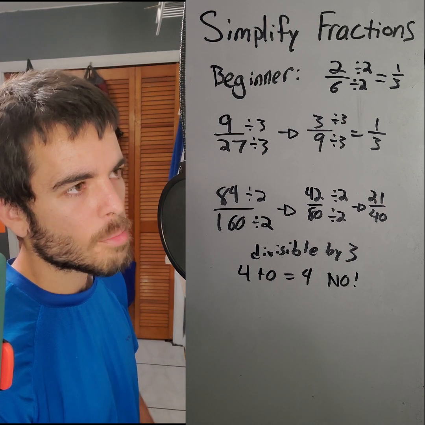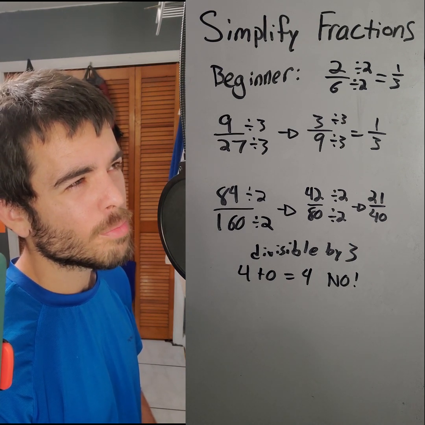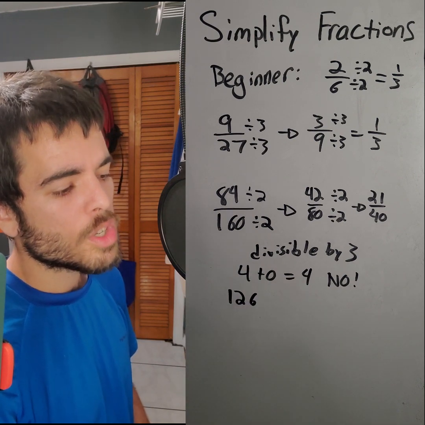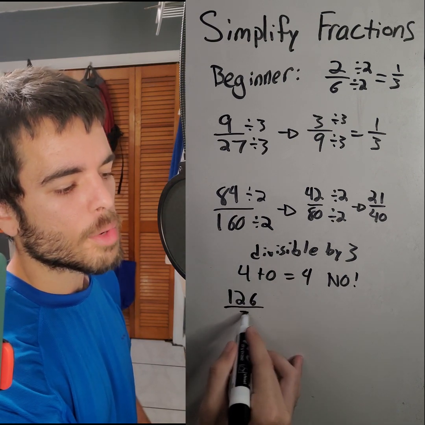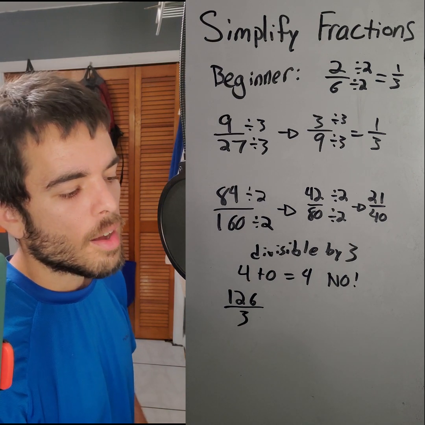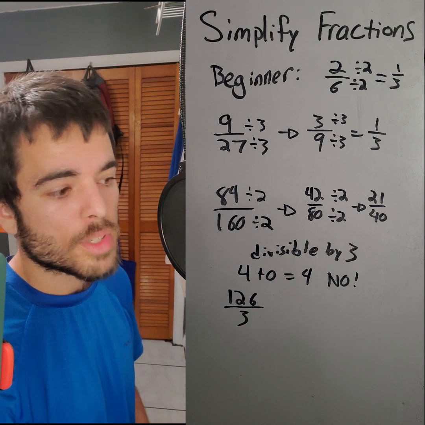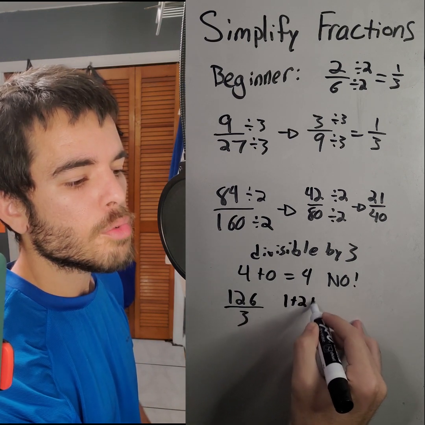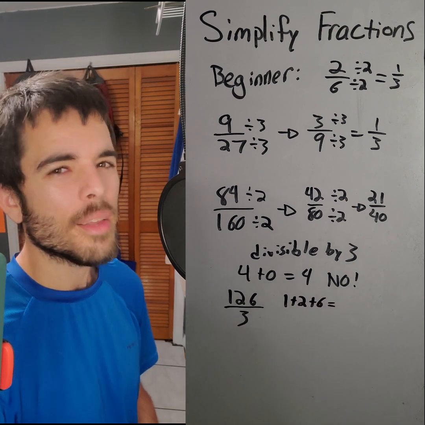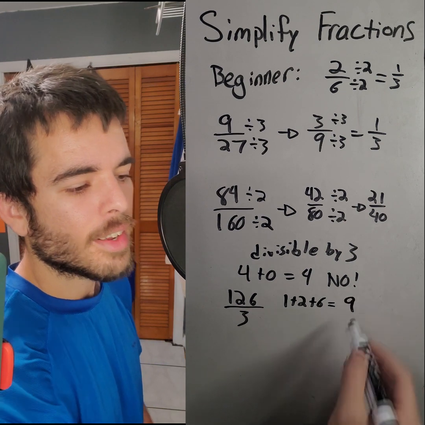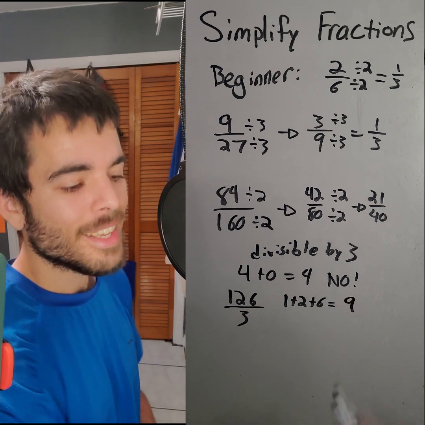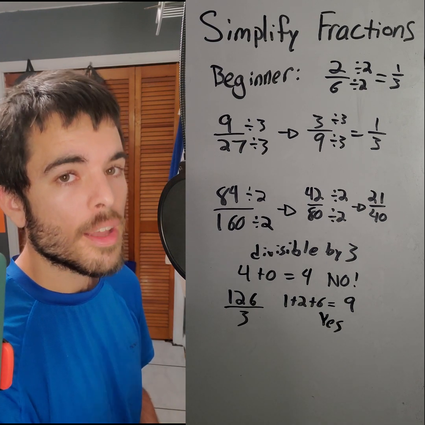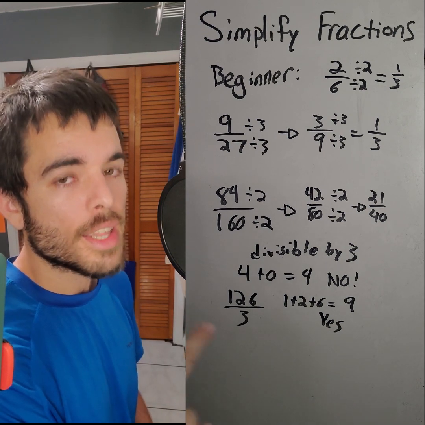Now, very quickly, an example of a number that would be divisible would be 126. So 126, let's say we had this over 3. It's a large number, so it's kind of hard to just glance at and tell. But if I add 1 plus 2 plus 6, what do we get? We get 9. Is 9 divisible by 3? Yes. So it's worth spending the extra time trying to figure out if 3 goes into that number.